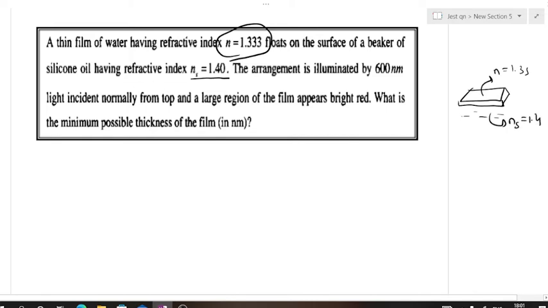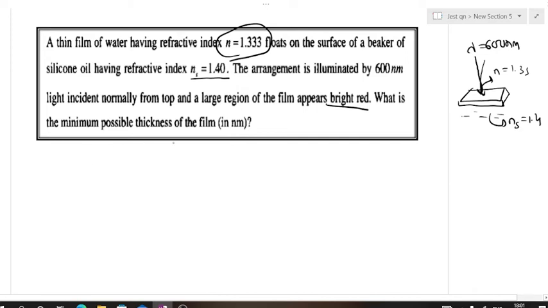So the incident wave is normally incident. The wavelength is equal to 600 nanometer. Okay, and appears bright red. What is the minimum possible thickness?